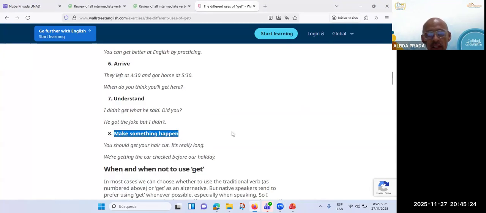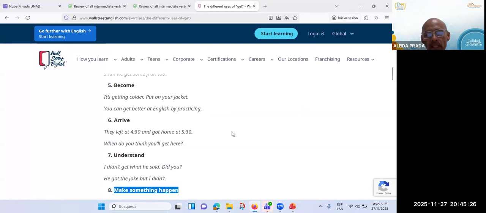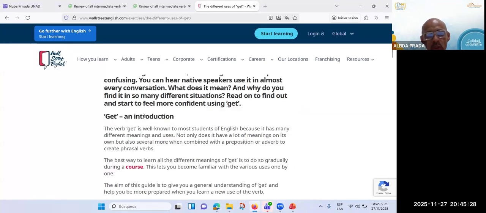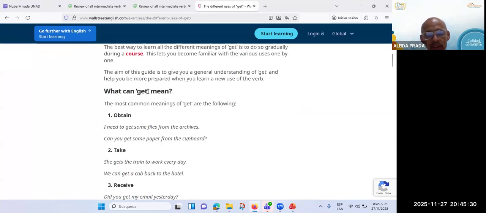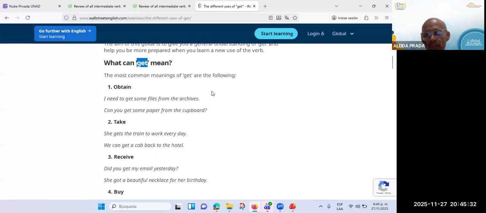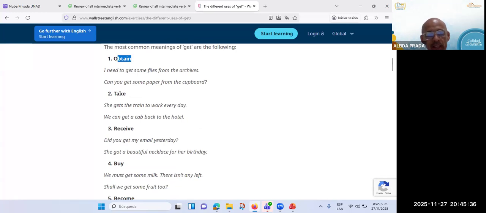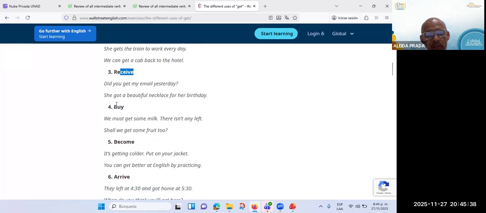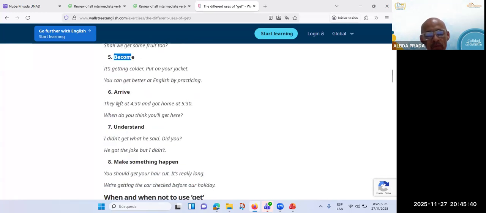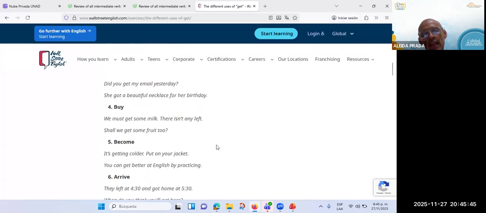Okay? Here we have 8 meanings of the verb to get. Get has 8 meanings at least: obtain, take, receive, buy, become, arrive, understand, and make something happen.